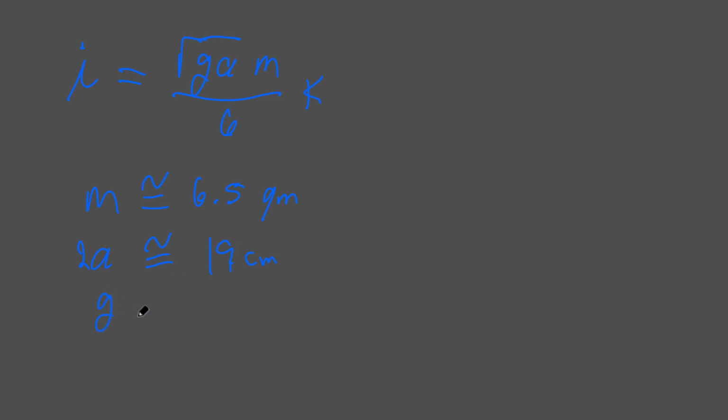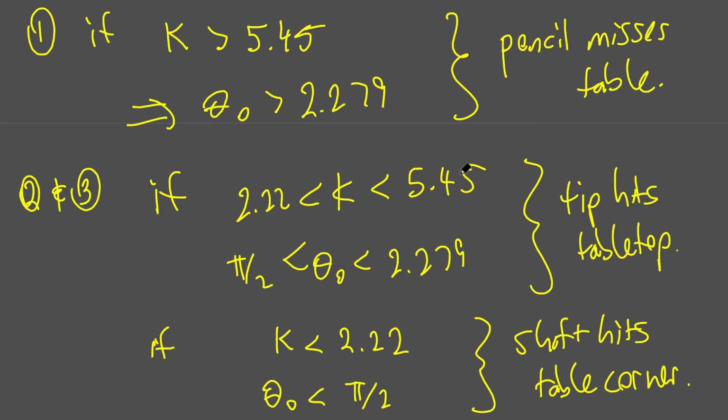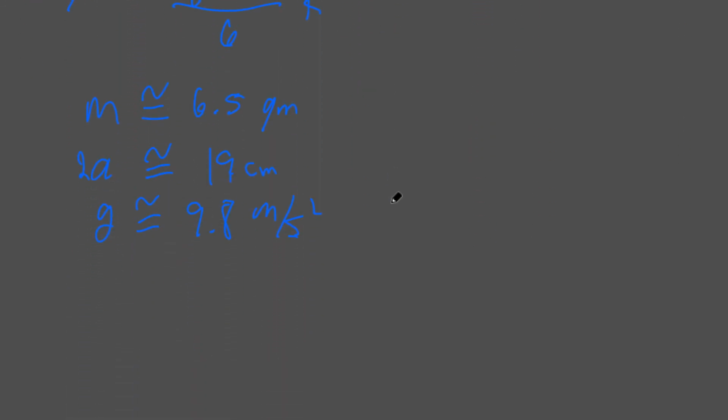And of course the acceleration due to gravity is about 9.8 meters per second squared, that's 980 centimeters per second squared. We can see what the values of k, 5.45 and 2.22, correspond to in terms of the impulse.